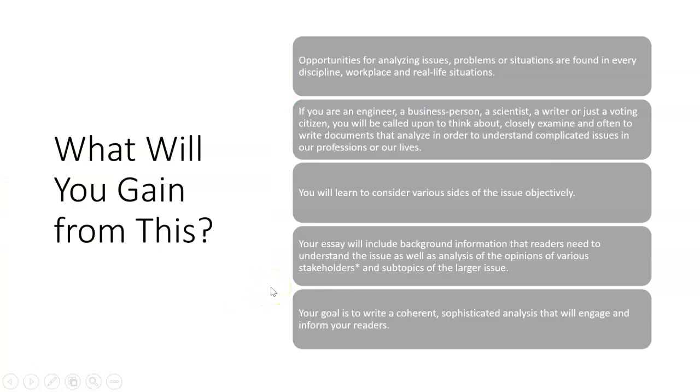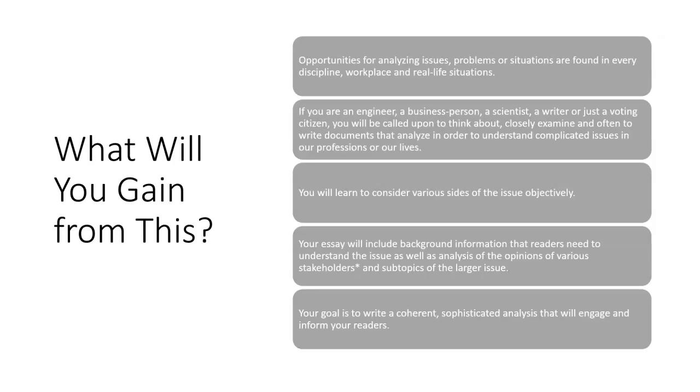So I'm going to let you read through all the things you gain from this experience. One of the things that students find is that it's a real challenge to think objectively about a controversial topic. But learning to consider various sides is really beneficial for you to get a full understanding of your topic.